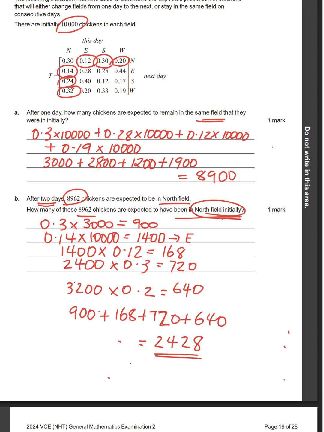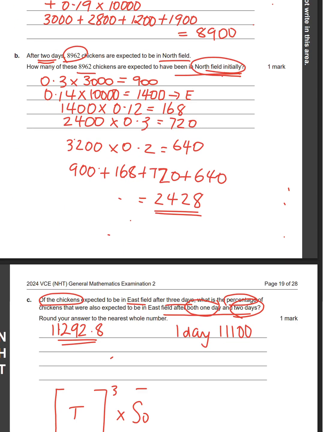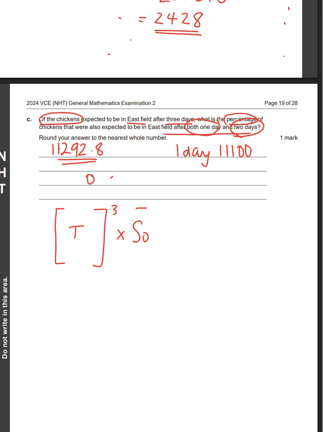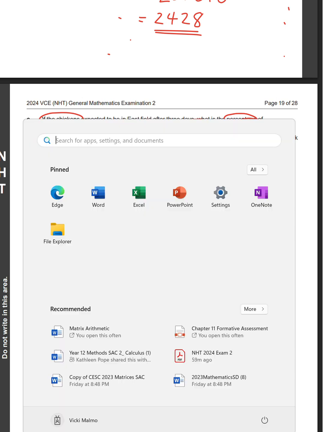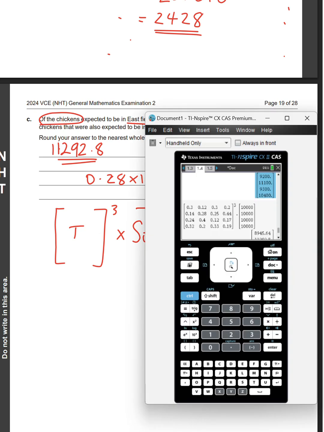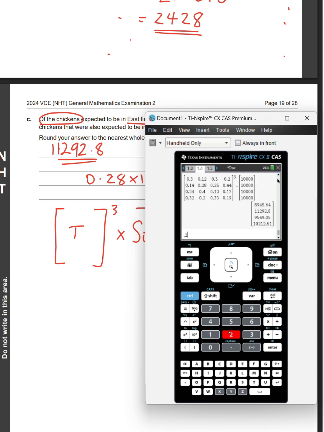East to east is 0.28. Okay, so that means we've got 0.28 of the easters still there. So 0.28 times 11100 is 3108.